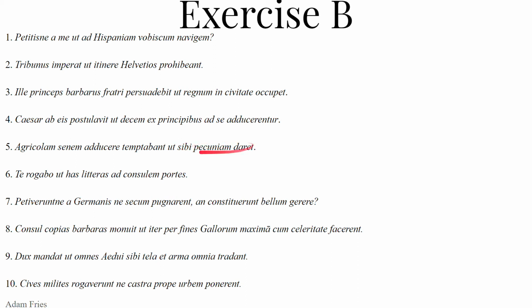Well, this idea that this old man should give them money was conceived in the idea of these people trying to influence him. So the subject of temptabant. The sibi refers to the subject of temptabant, just like se referred to the subject Caesar because the indirect command originated from him. It came from his brain.